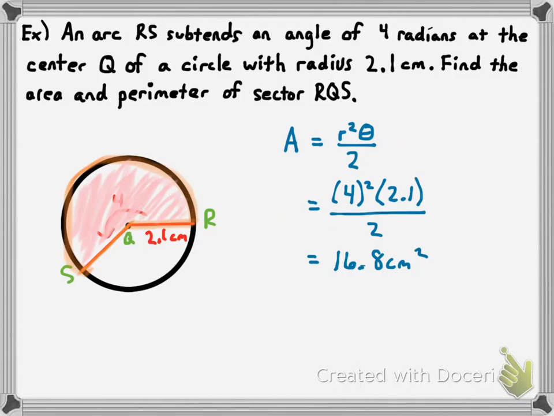All right, so in order to find the perimeter, what we're going to have to do is find the arc length, which we'll call L, and then we're going to have to add the radius here and the radius there. So, perimeter equals the arc length plus twice the radius.